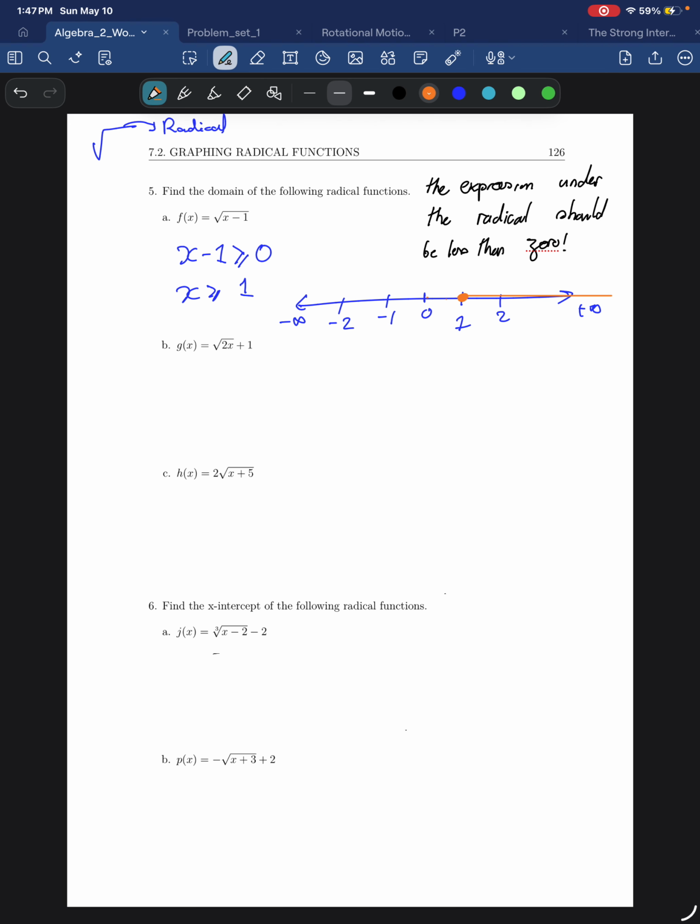And notice if a number is below positive 1, like if we had f of 0 here, x will be 0, we're going to have the square root of negative 1, which is imaginary. But if we begin from 1, we're going to have 1 minus 1, which is going to be 0. So that's really how you get through this kind of question.